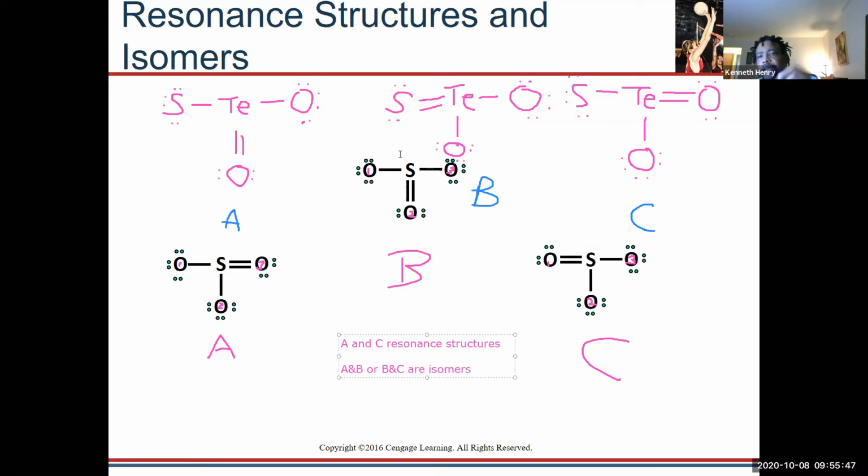So that double bond being on the S is a different structure than the double bond being on the O. But they have exactly the same chemical formula, right? Yes. So we would expect these to behave differently because we have a double bond on the S compared to having a double bond on the O. So they're going to have different properties as well. Does that help you? Did that answer your question?